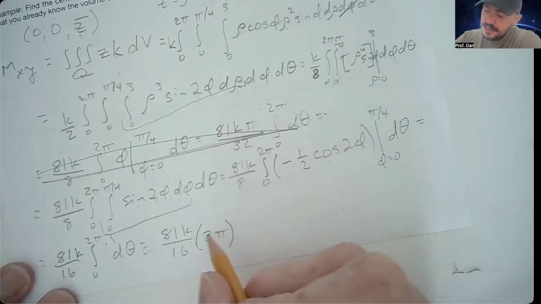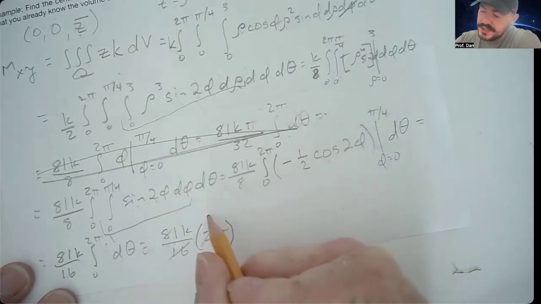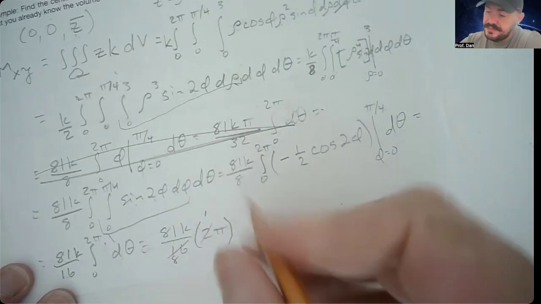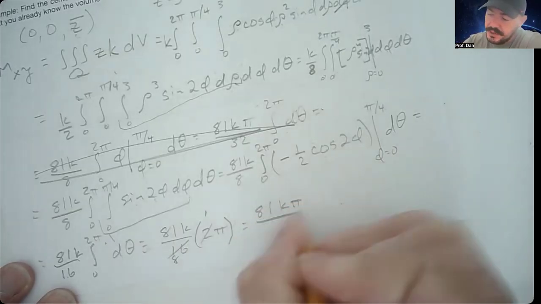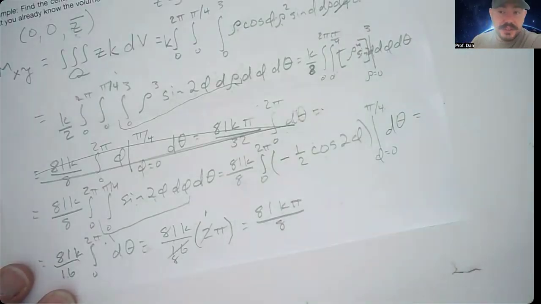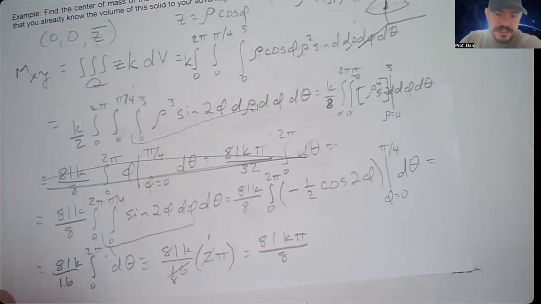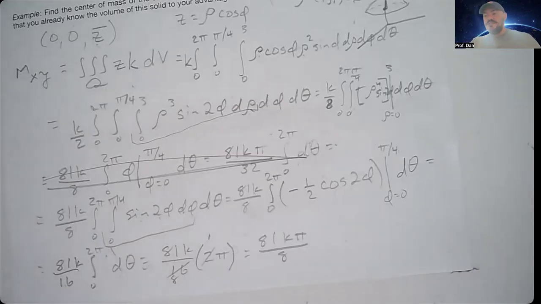So to make this a little easier on myself, I can reduce 2 over 16 to 1 over 8. And basically I get 81k pi over 8. Keep in mind, though, that is not our z coordinate. We still have to divide by the mass that we got in the last, or the mass that we actually didn't calculate.